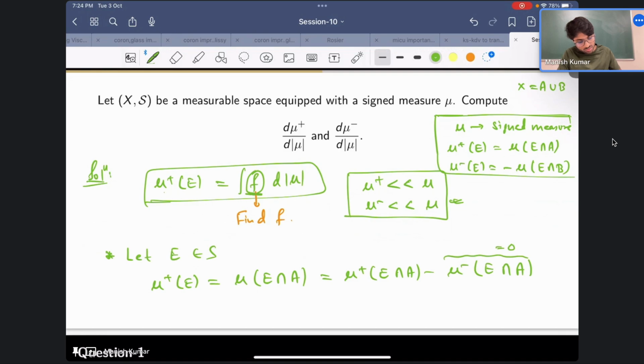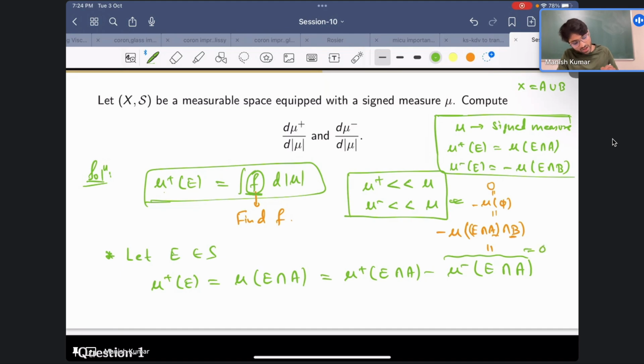Why? Recall what mu minus of some set is. It is minus of mu of E intersection B. I'm just using the definition. So mu minus of E intersection A is minus of mu of E intersection A intersection B, and you know that A and B are disjoint. So this is minus mu of the empty set, which is 0.